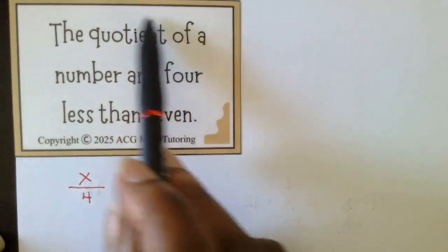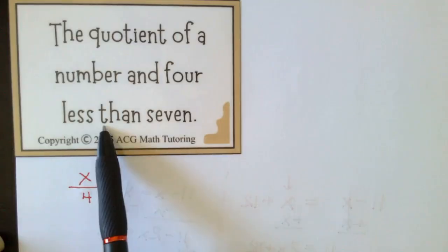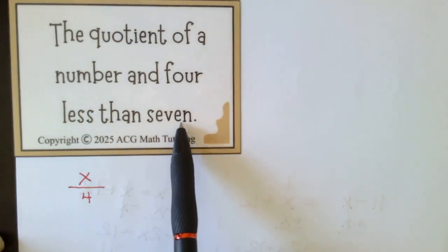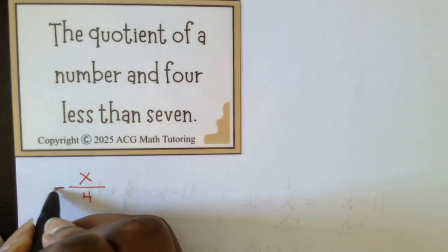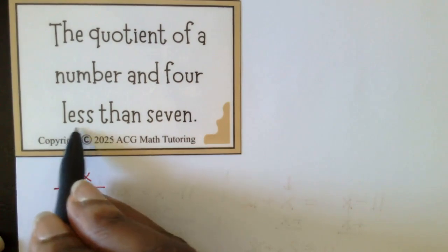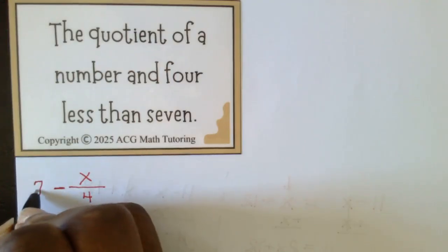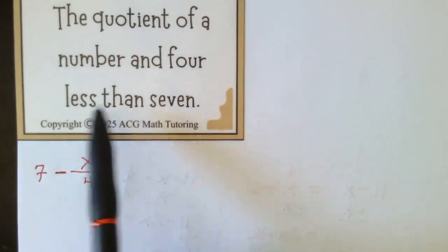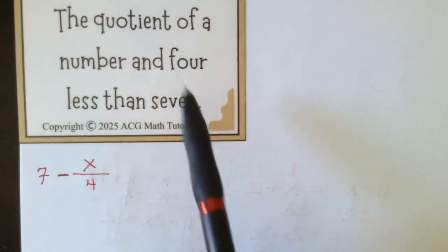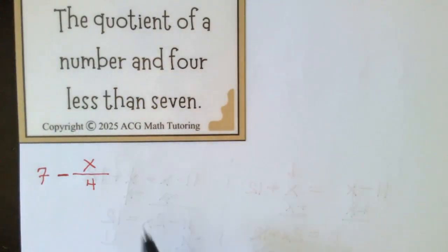So that means this quotient of a number and 4 is going to be less than 7. So when you see less than, that means what was happening before is going to carry that minus sign.